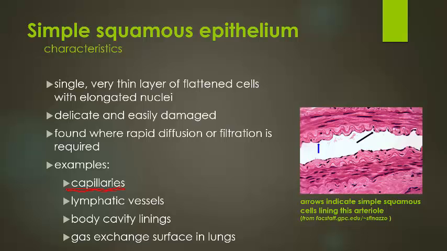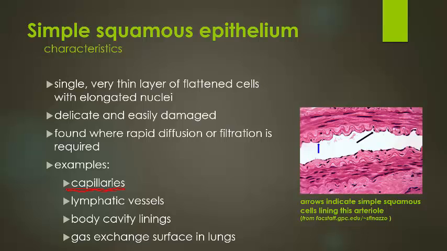Those body cavity linings, the serosa of the ventral body cavities, are a simple squamous epithelium. And then finally, in the lungs, we see simple squamous epithelium, where we're exchanging the oxygen and carbon dioxide gases. So the arrows in the picture are indicating the simple squamous epithelium.